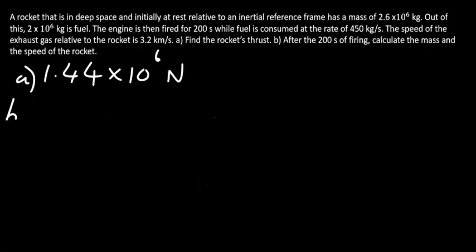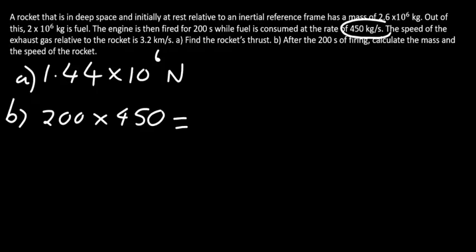Now let's do part B. That says after 200 seconds of firing, calculate the mass of the rocket. The fuel is being burned at a rate of 450 kg per second. So for 200 seconds, the amount of fuel that is being burned is 450 kg per second times 200 seconds, and that is 90,000 kilograms.